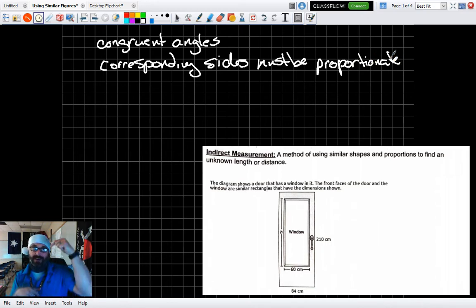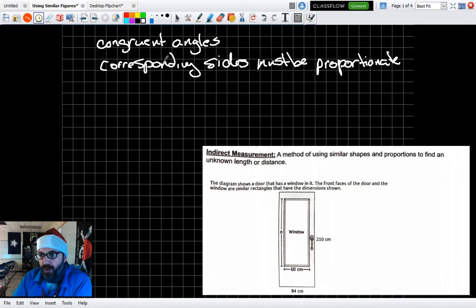That means that if I set the sides up in a ratio, I get an equivalent ratio. Okay. And now finding this ratio is an art form, kind of. And there's two different ways we can do it, but we'll get to that. The most important thing is us remembering corresponding sides must be proportionate.